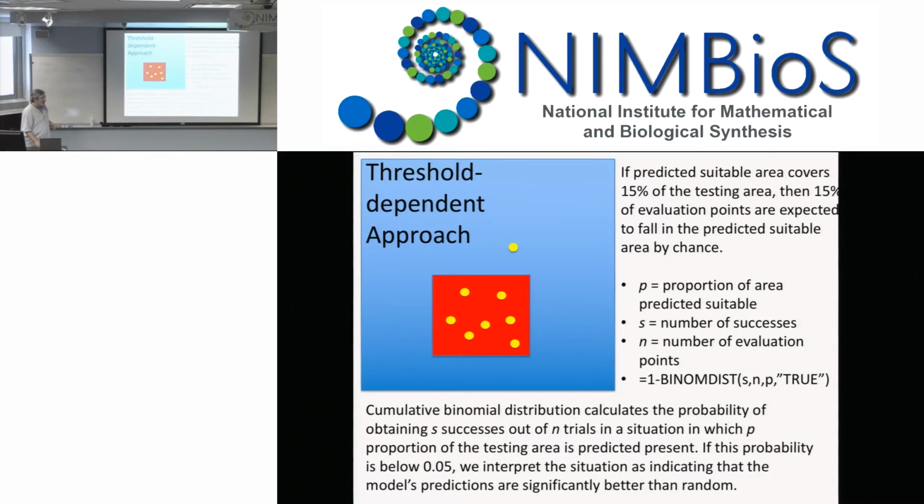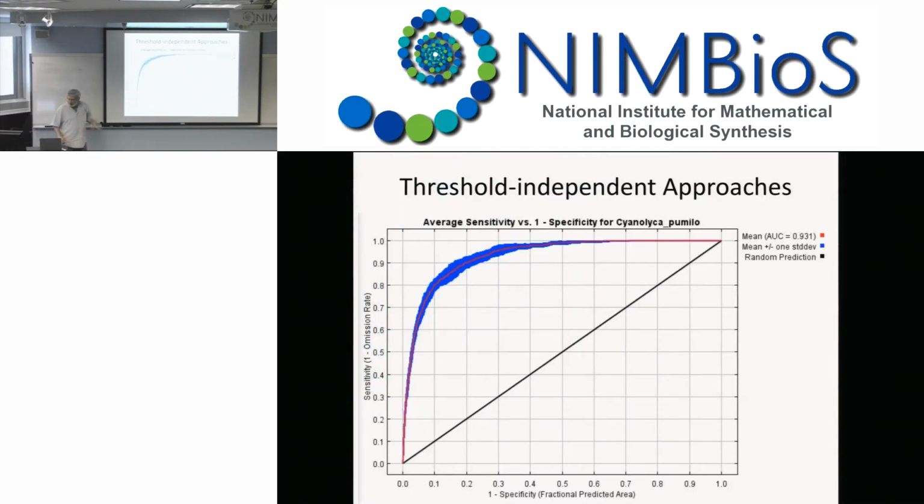Can I go on from threshold dependent approaches? Good. Okay. Some of this you've seen before, so I'm not going to spend much time on it. That's the typical ROC. And I like to restate these axes. This is avoidance of omission error. And this is proportion of the study area identified as suitable. And so what you can imagine is take an unthresholded Maxent output and start with that reddest pixel.